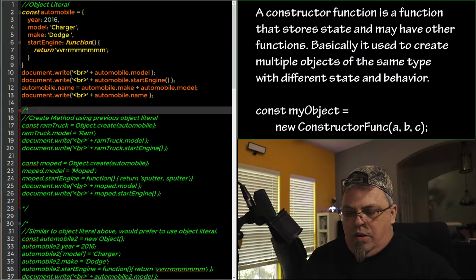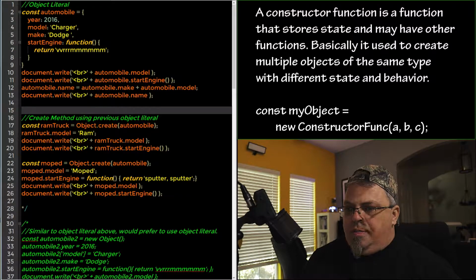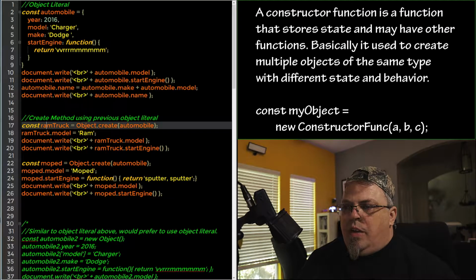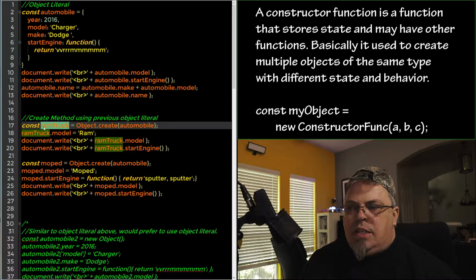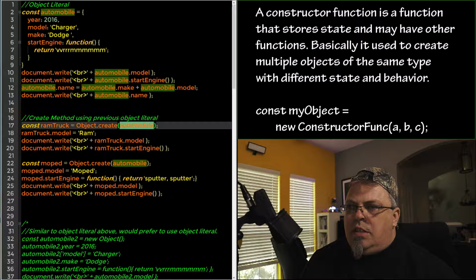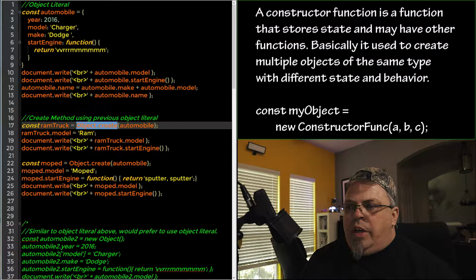All right, so I'm going to go here and uncomment this code. So here I have a Ram truck constant. I created an automobile up here. The automobile is a Dodge Charger. That's what it represents. Here I want to create an automobile. So I'm going to take that constant automobile, which points to that object literal, and use Object.create, which is built into JavaScript, to create a new instance of that object literal.